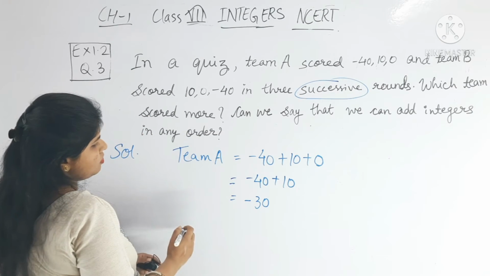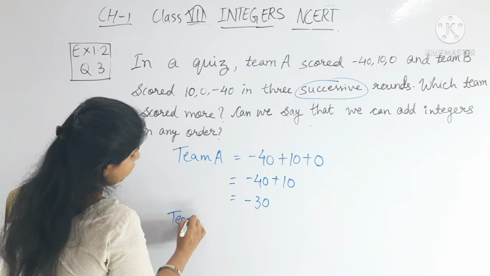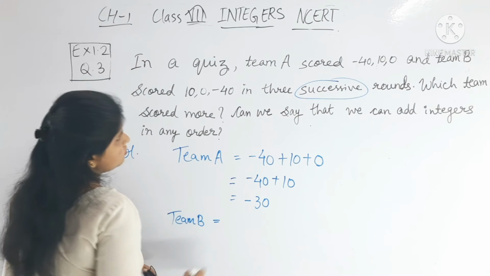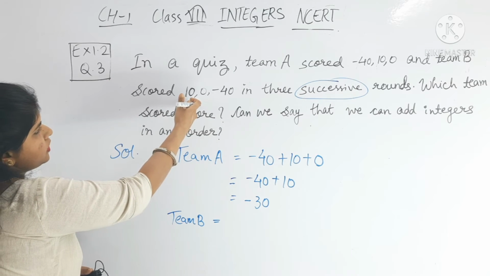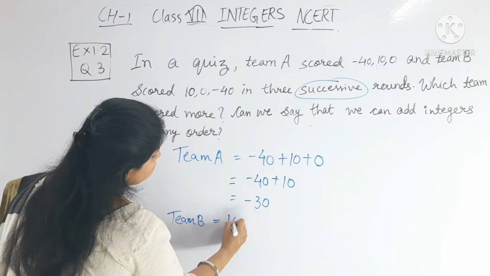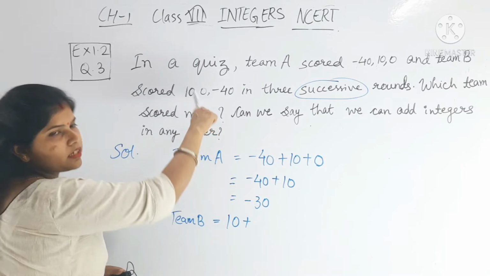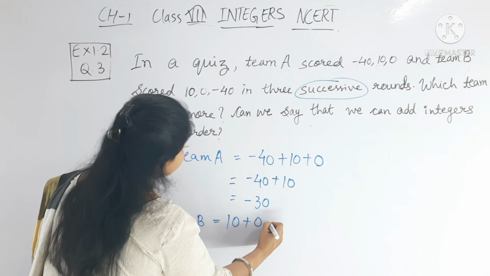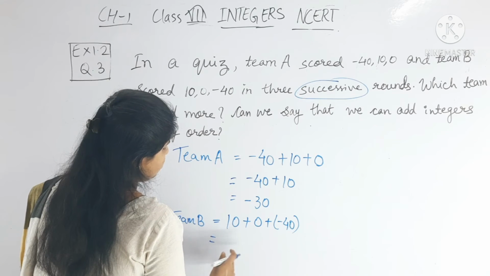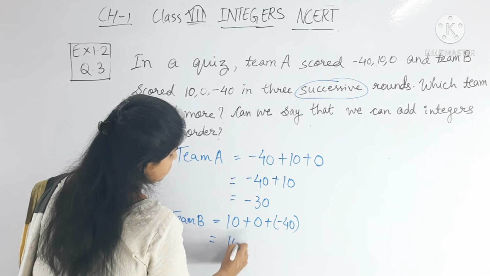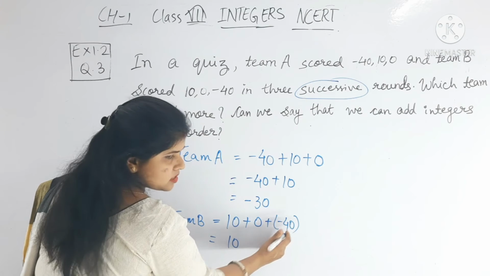Okay, now we will solve for team B. For team B, what score is given? In the first round it is 10, in the second round it is 0 and in the third round it is -40. So 10 plus 0 is 10 and plus minus is minus.